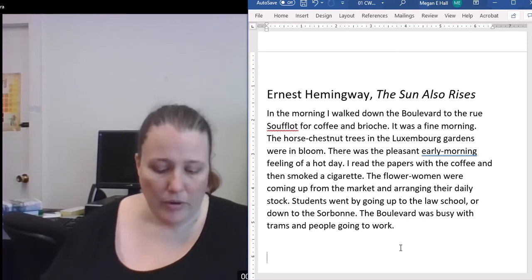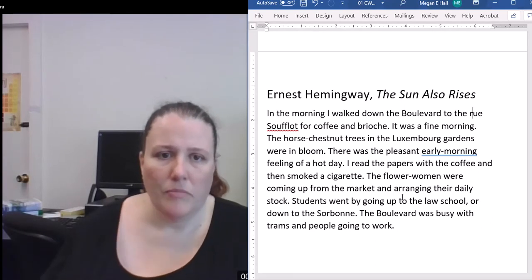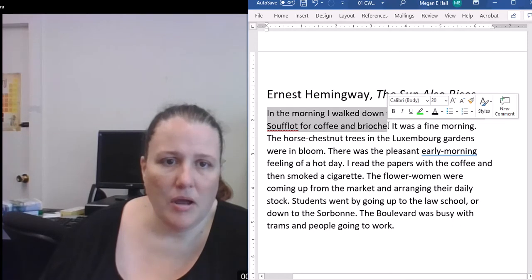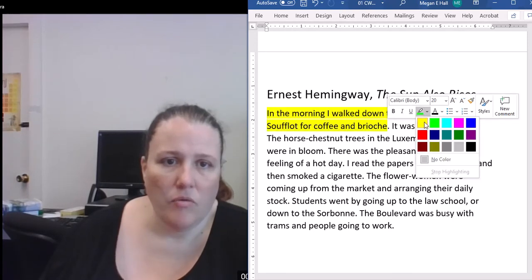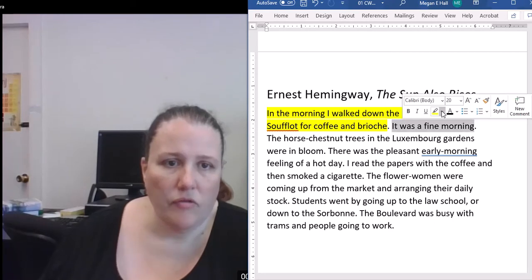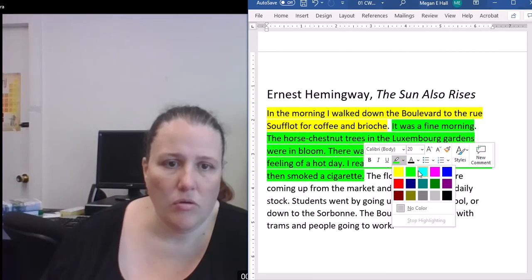But if you notice, we have a pretty distinct rhythm. I did a quick word count, so I'm going to highlight these in different colors. We've got 14 words, and then 5. Let's do that in green. And then we have this sentence, and this sentence that are all 11 to 12.